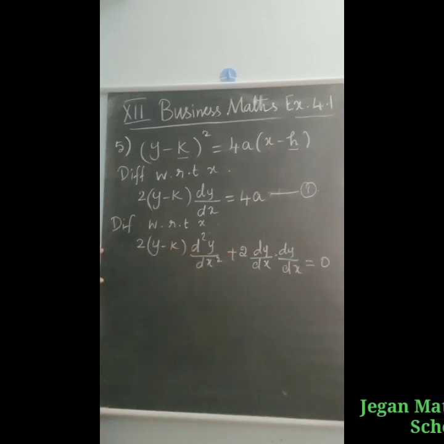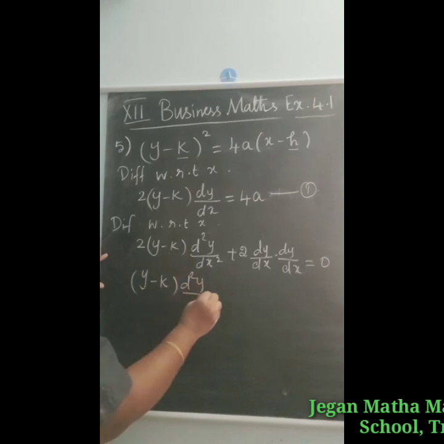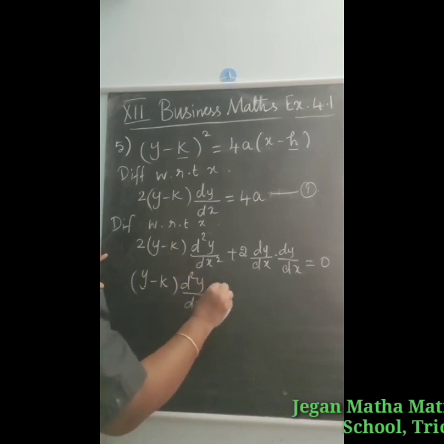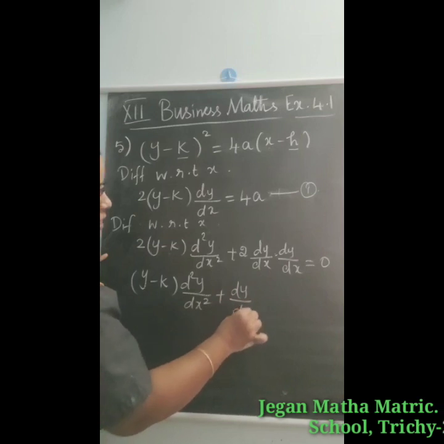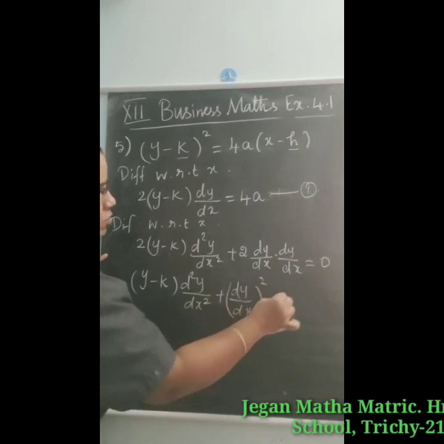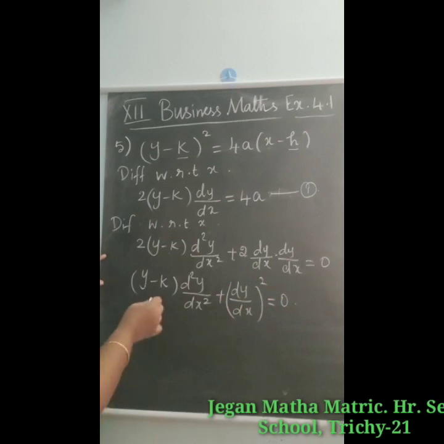Divided by 2, we will get (y minus k) into d squared y by dx squared plus dy by dx the whole square is equal to 0. So what is y minus k?